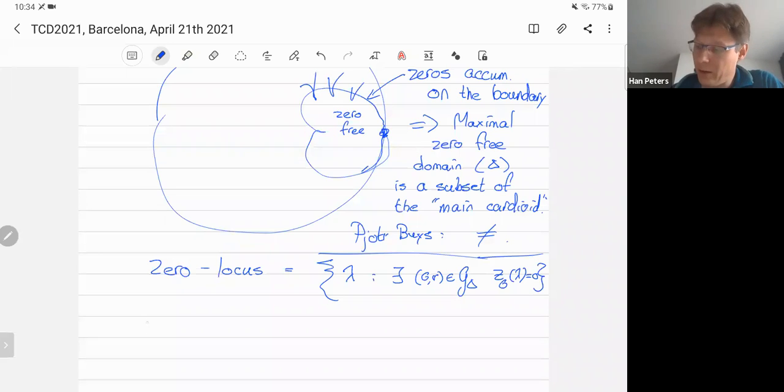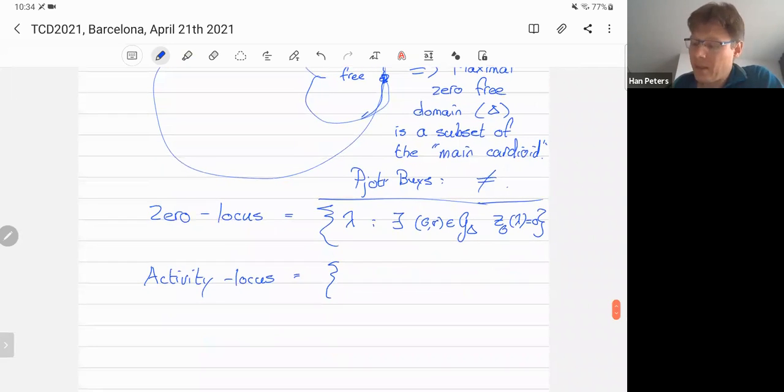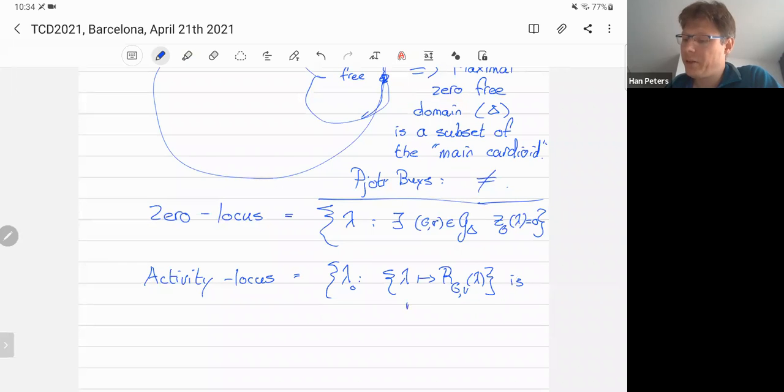I also have the activity locus, which is all the lambdas, let's say lambda naught, for which the family lambda goes to R_G,v of lambda is not locally normal.